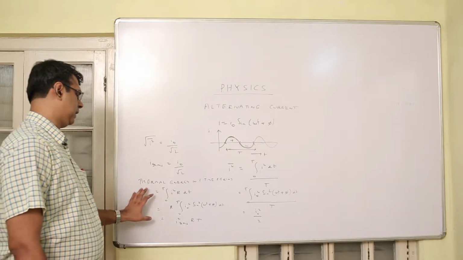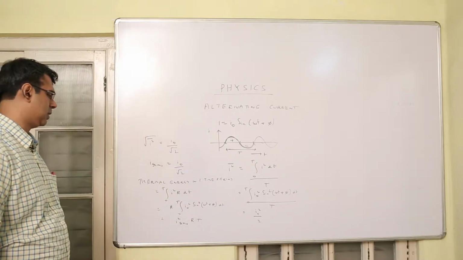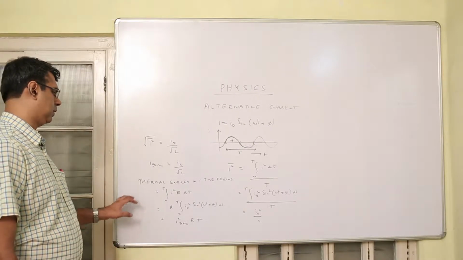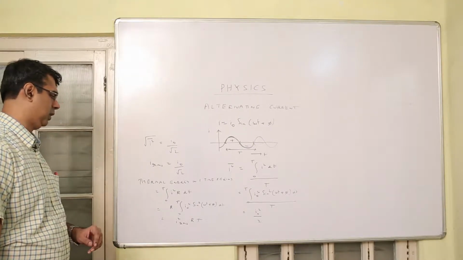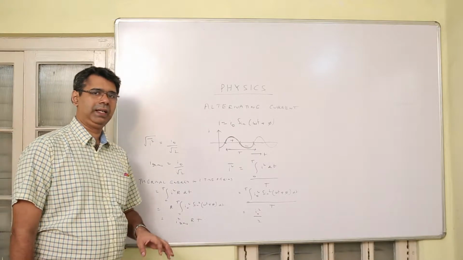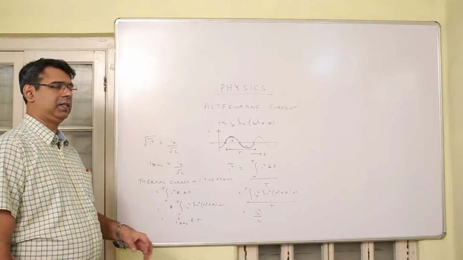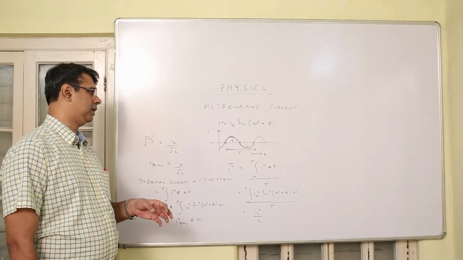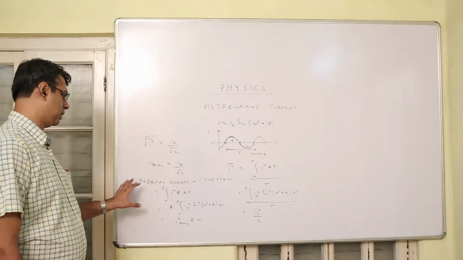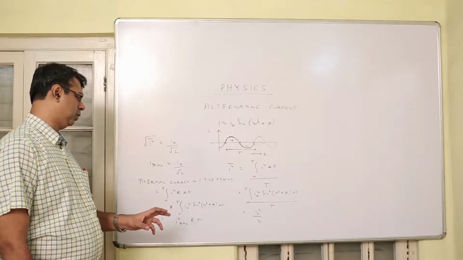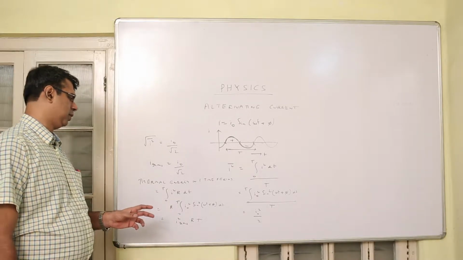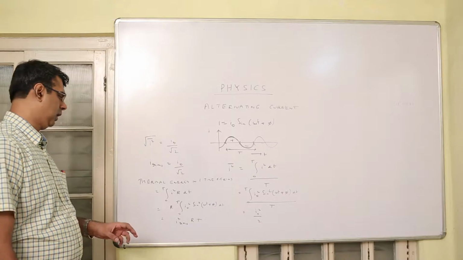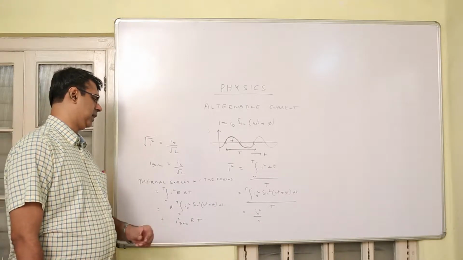This is a very important result, because it tells us that for the purpose of energy calculation, we can treat IRMS as the average current in one time period. So this has greatly simplified the analysis of AC current, because now we are able to take a value IRMS and use it as an average value of the current for important computations like energy.